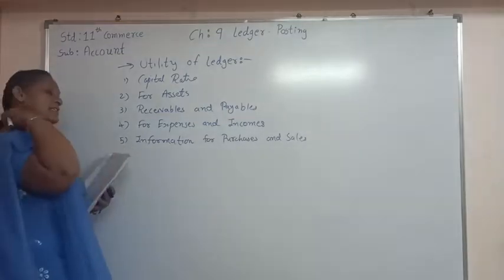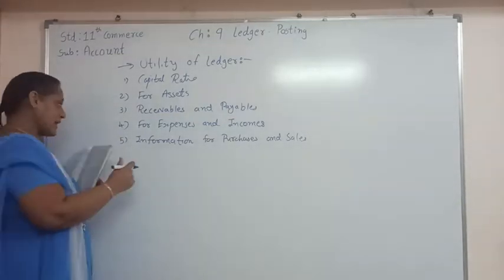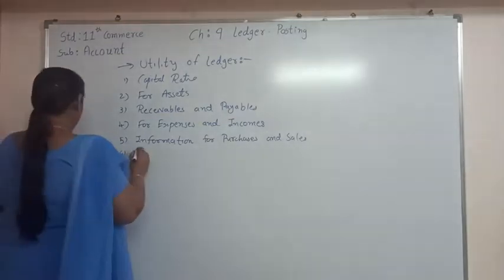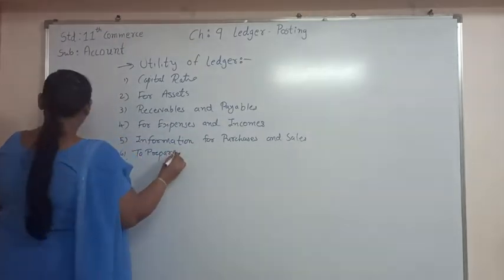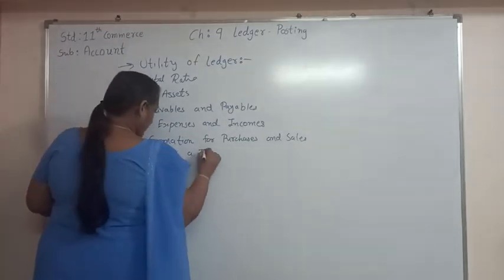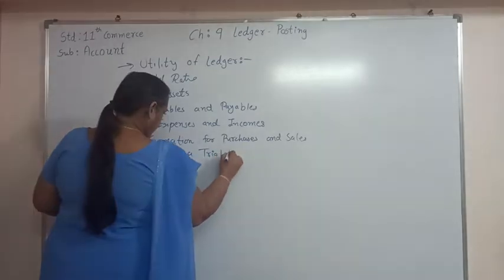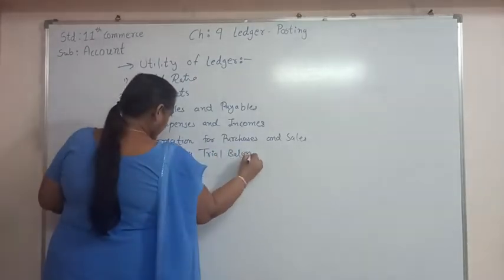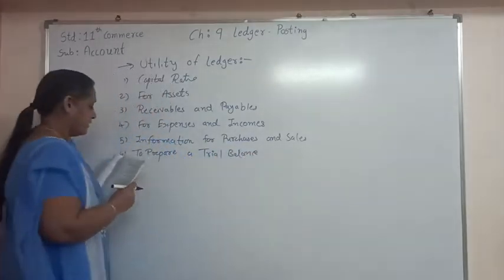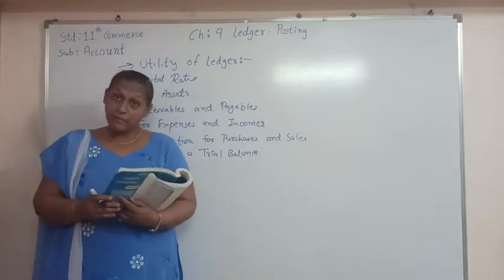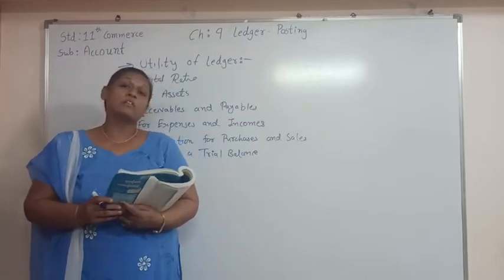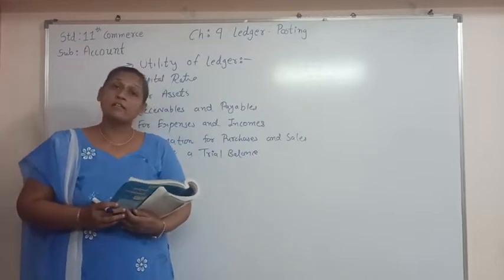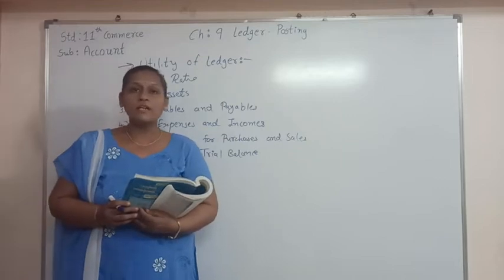The next is to prepare the trial balance. To prepare the trial balance, we must know the balance of the ledger, and the balance of the ledger can come from the ledger only.